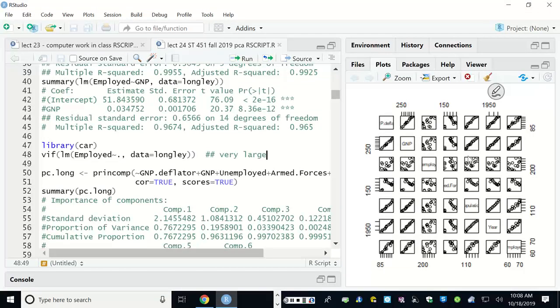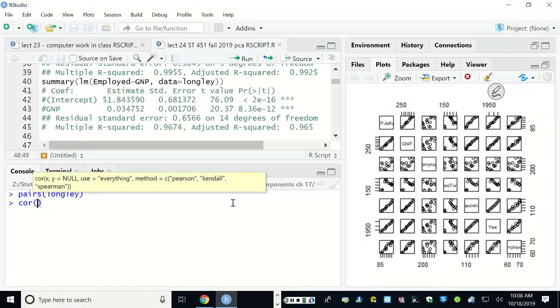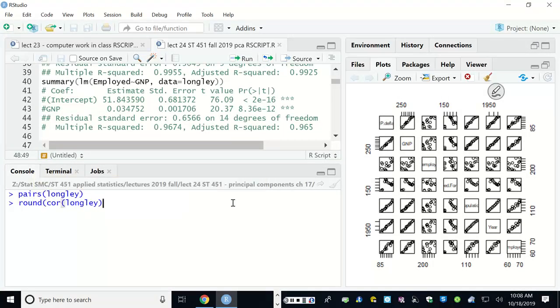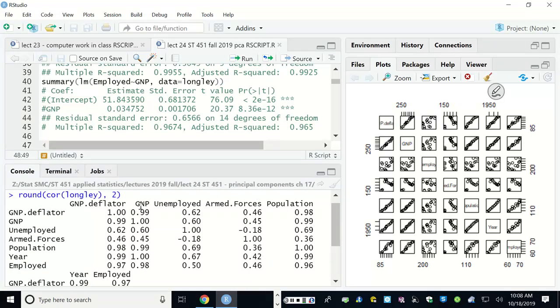The other thing we could do is look at the correlation of the Longley variables. Let's round everything to a couple decimal places. Many of these, GNP deflator, population, year, are extremely correlated with each other.